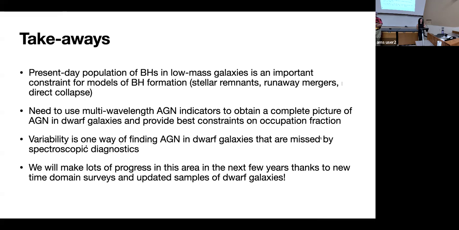If we were to get higher cadence monitoring, we could potentially constrain black hole masses that way, or look for spectroscopic features to measure black hole mass. So with variability alone, we're identifying them, but then there are ways that we can follow up to get more direct measurements of the black hole mass. But yeah, those were galaxy masses. So think 1,000 times less massive for the black hole.